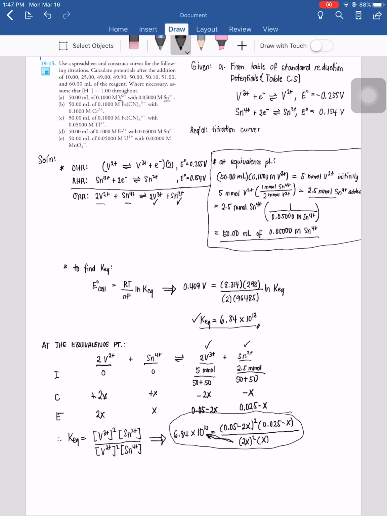So using our very useful shift solve function in our calculator, we should be able to get the value of x. So let's just wait for a bit while our calculator processes it.